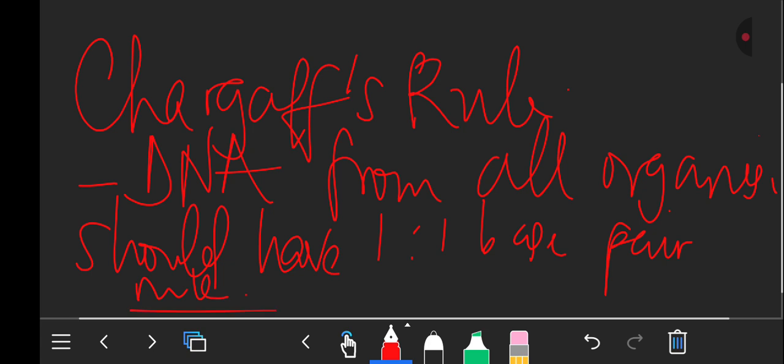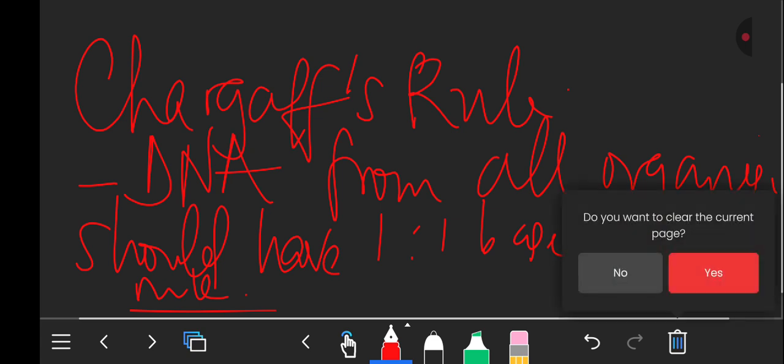That is what Chargaff's rule states. So the DNA from all organisms should have only the 1-to-1 base pair rule. If you understand that, that will be very important, and it will be very essential for you to understand that.